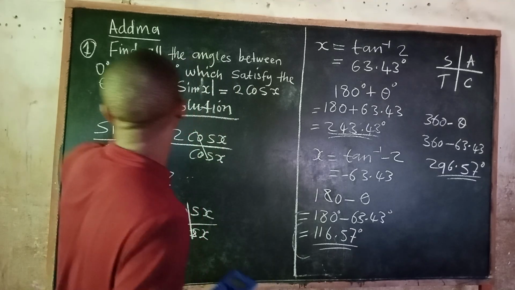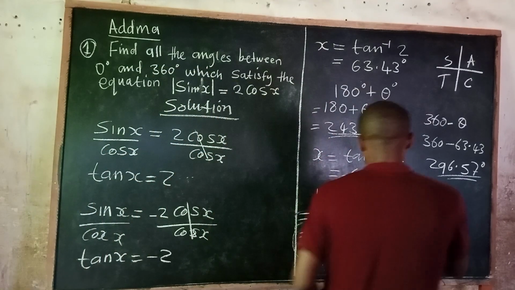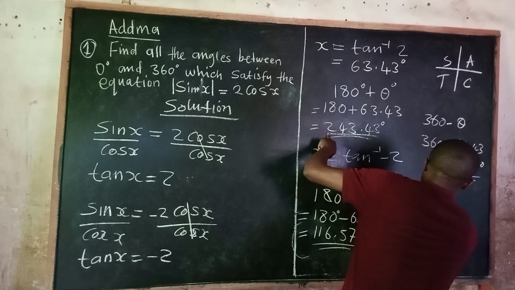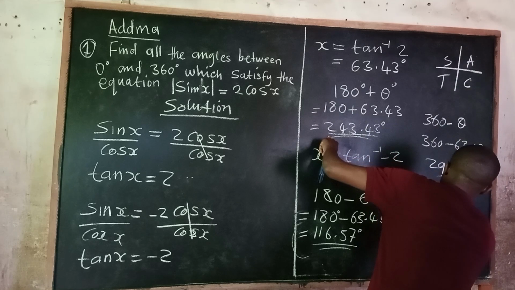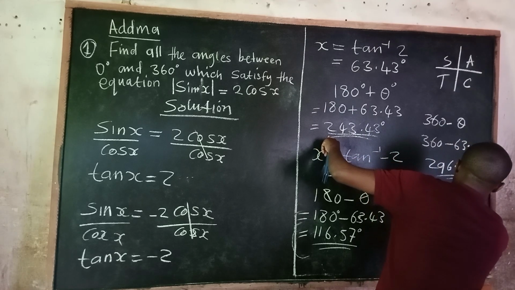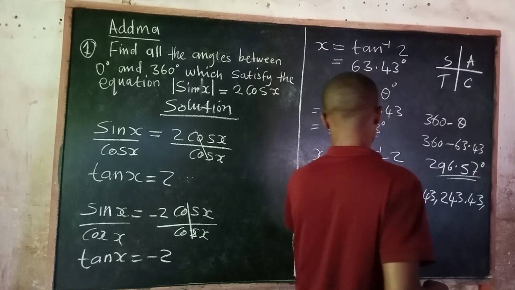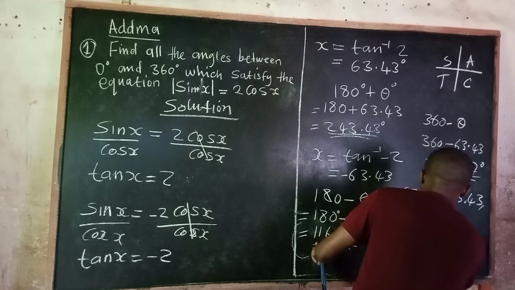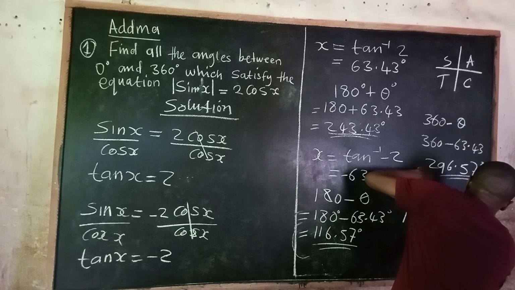Therefore, the angles from 0 degrees to 360 degrees are, the first one is 63.43, then we have 243.43, then we come to this one, we have 116.57 and 296.57 degrees.